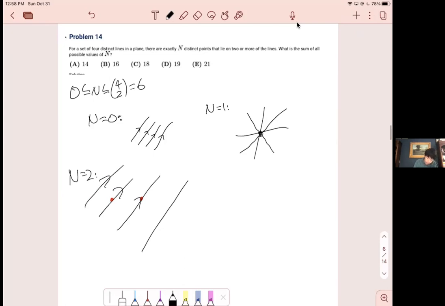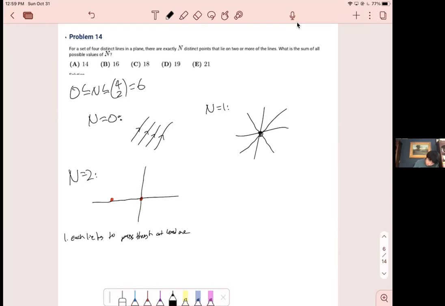If C doesn't pass through the intersection points, then A and B both have to be parallel to C, which means that A is parallel to B, which means that we have 0 intersection points. So each line has to pass through at least 1.